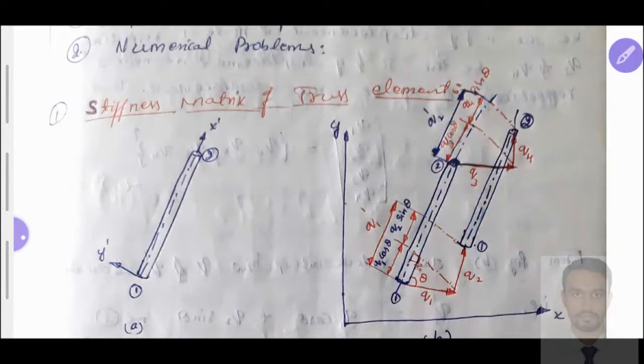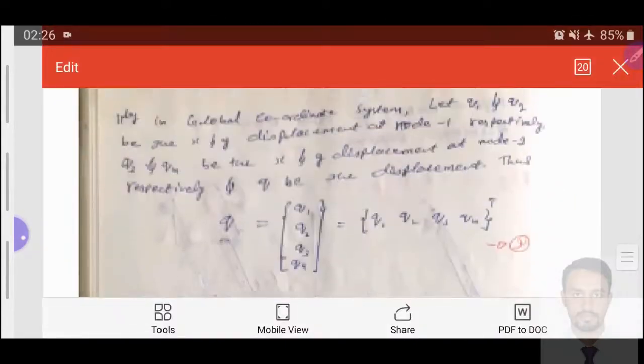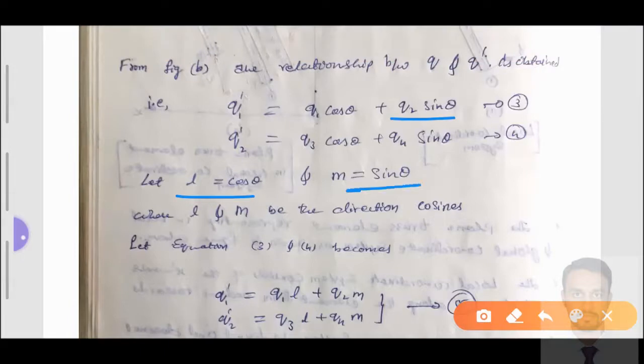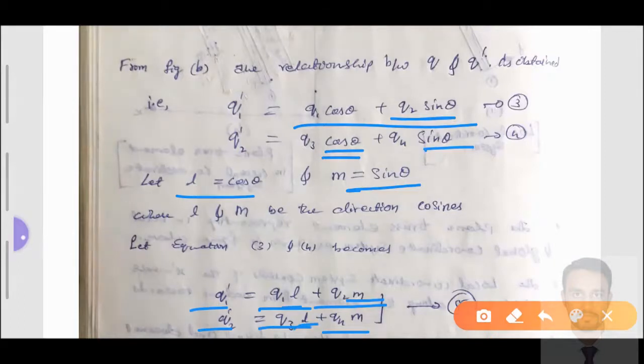After getting these two equations, we consider cos theta equal to L and sin theta equal to M. Then these equations yield q1 dash equals q1 L plus q2 M, and q2 dash equals q3 L plus q4 M. So cos theta becomes L and sin theta becomes M. Then I'll call this equation number 5.